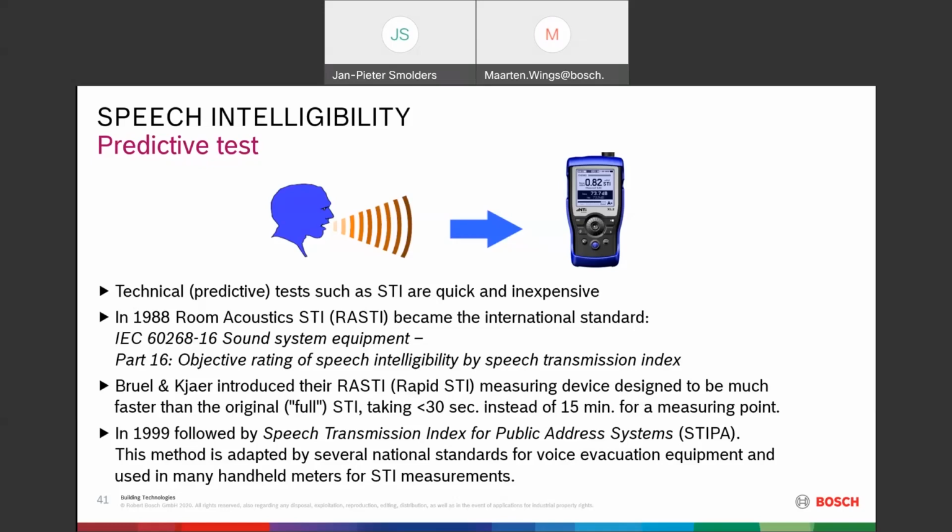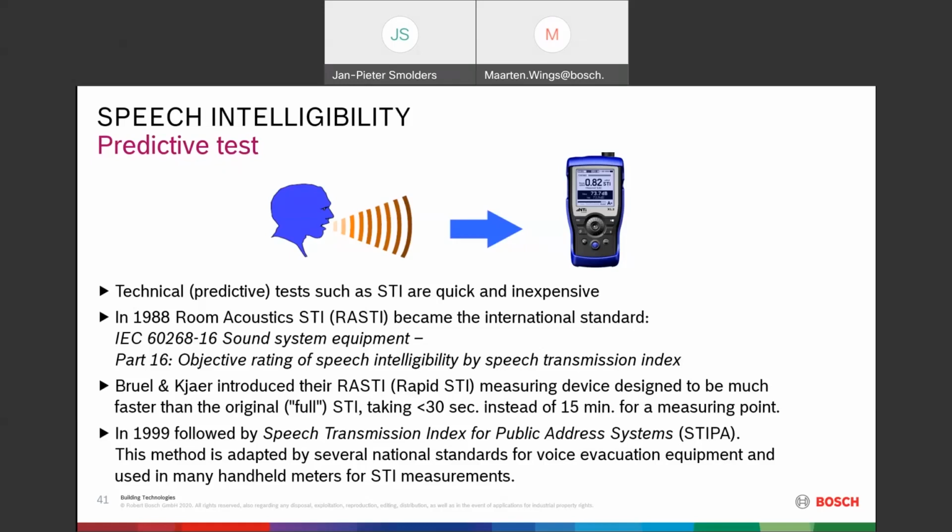And then Bruel and Kjaer introduced RASTI, a rapid STI measurement device that could do an STI measurement in less than 30 seconds. So it's, let's say, a rapid STI, it's faster than the full STI, so that was already a big improvement. So within 30 seconds, you could do an STI measurement.